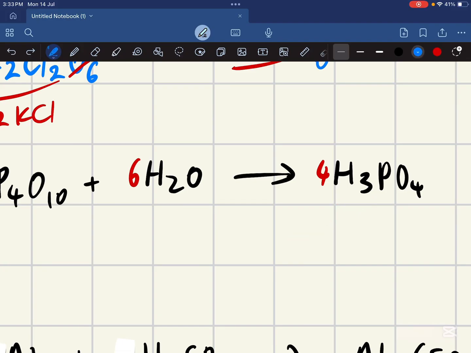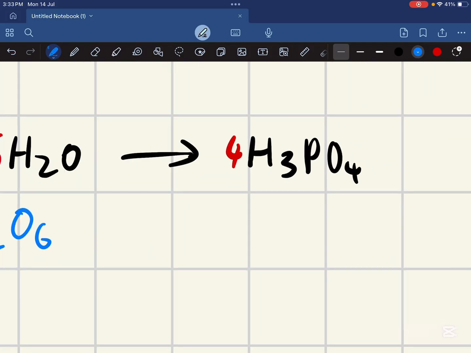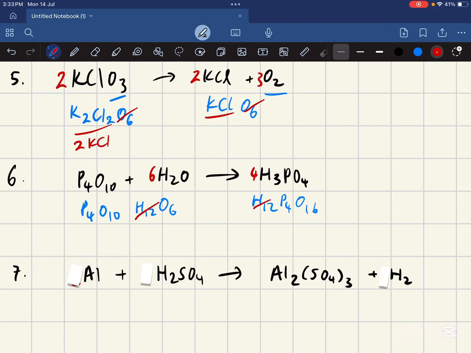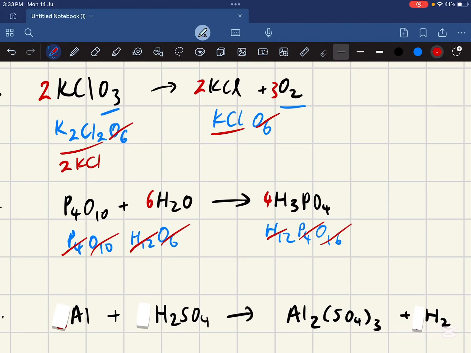So if we check now, we have a P4, O10, H12, O6. You have a H12, P4, O16. The H12s, the P4s, the O10, O6, and that adds up to O16. And there you go.